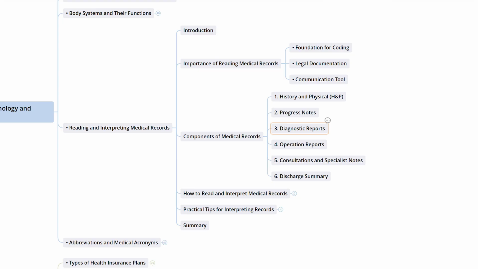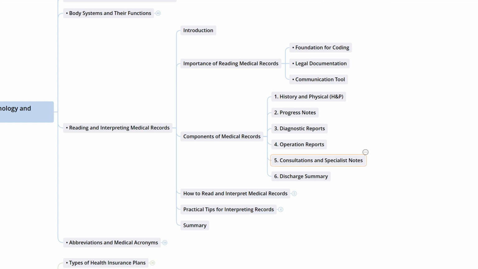Next, diagnostic reports. This includes lab results, imaging studies, and other diagnostic findings relevant to patient care. Next, operation reports. This includes detailed surgical procedures, techniques used, and intraoperative findings.